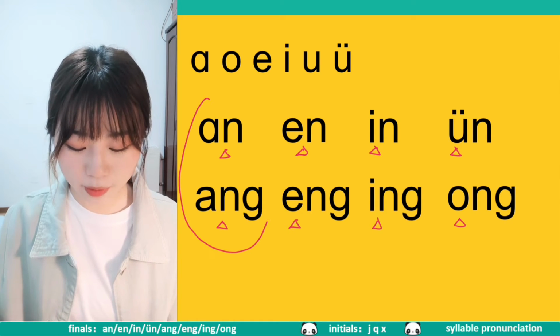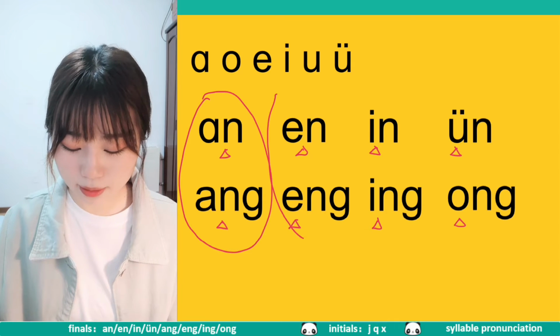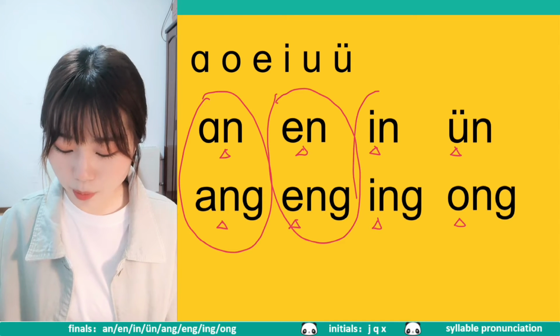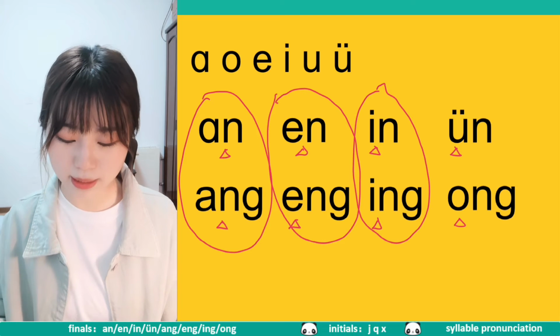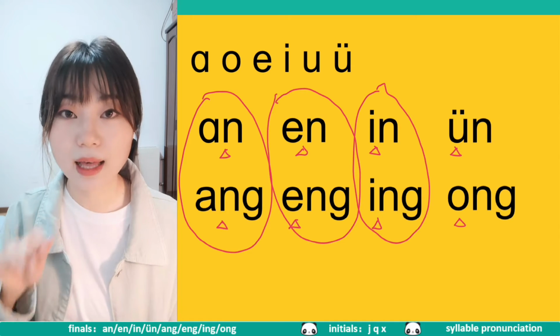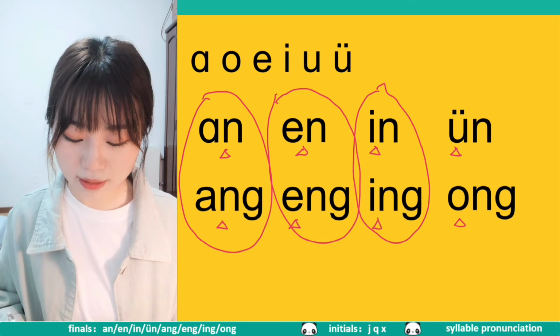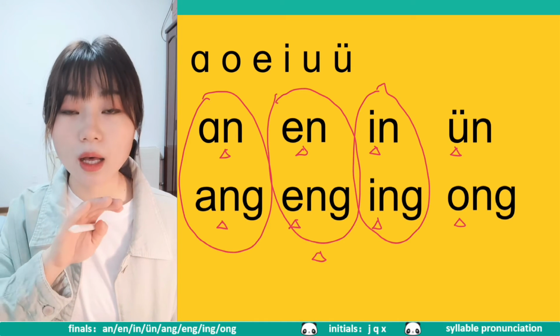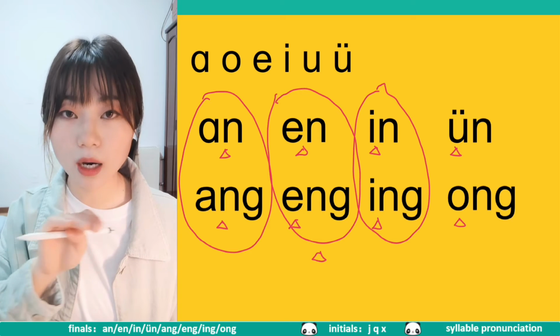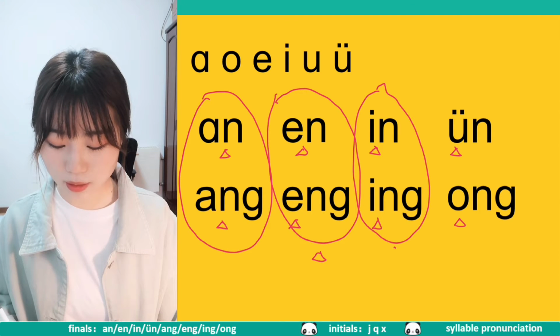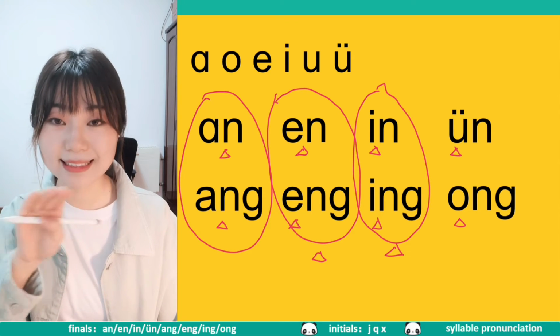Okay, let's compare the alveolar nasal and the velar nasal by reading these 3 sets. An, ang, and the next one, and the next 2, in, ing.